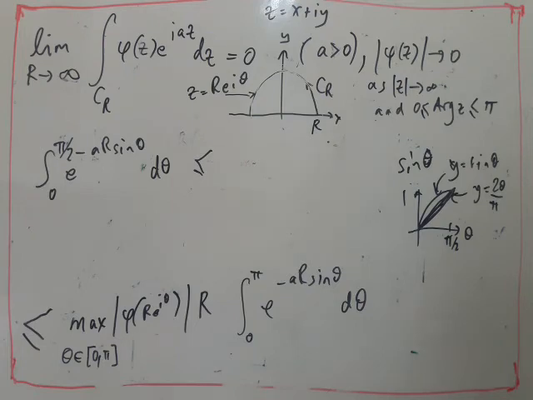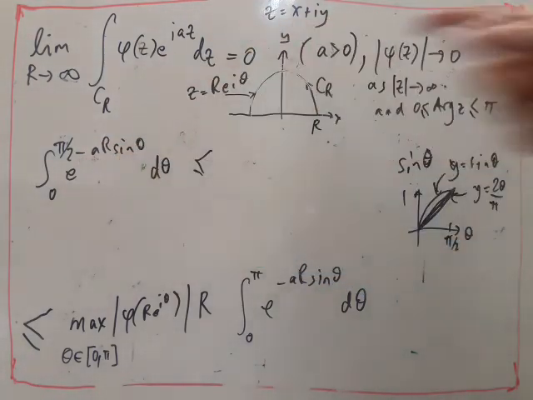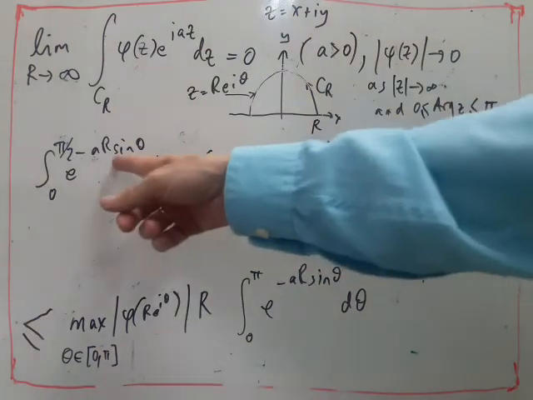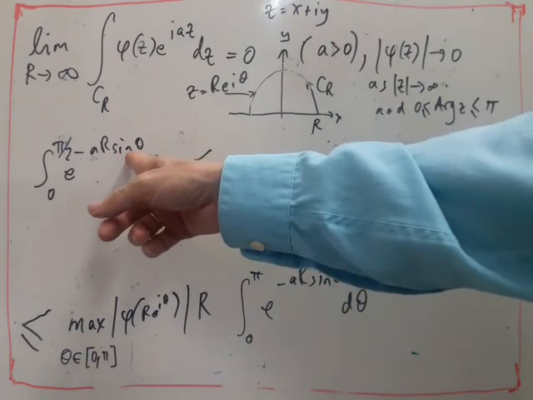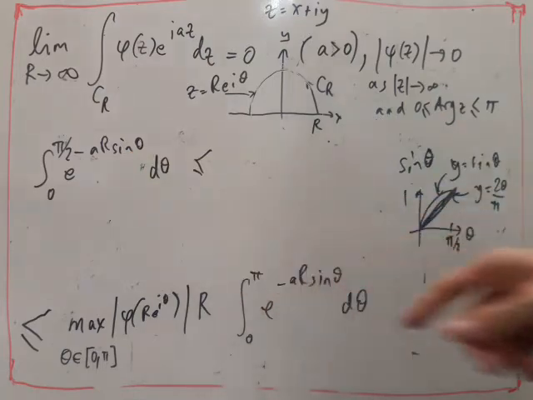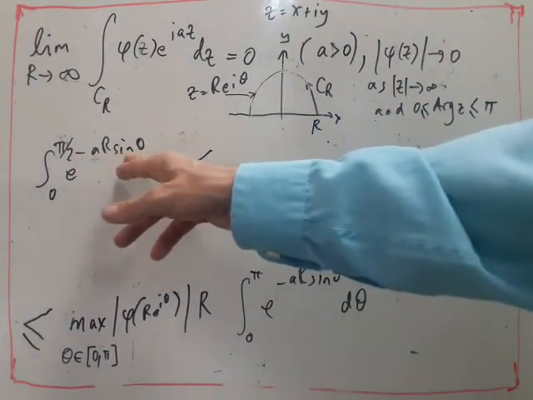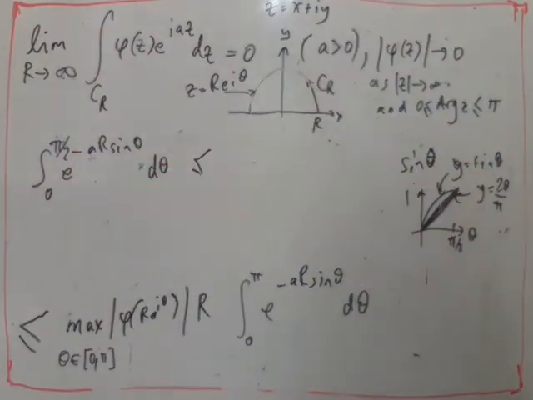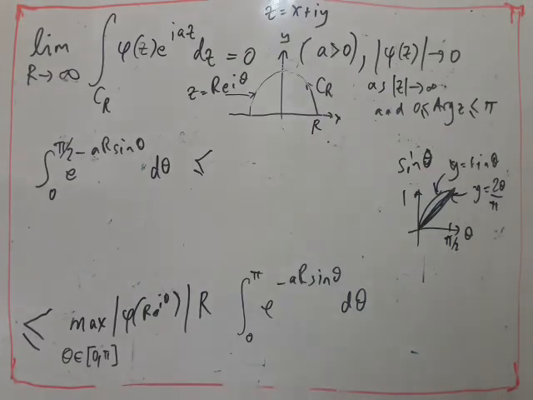which means that e to the minus sine theta, if sine theta is larger, then e to the minus 2 theta over pi will be larger, will be smaller. So I've got that right.